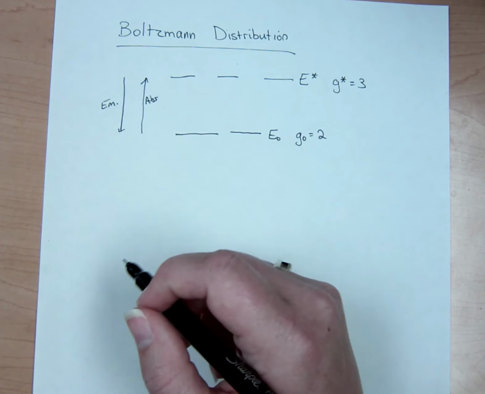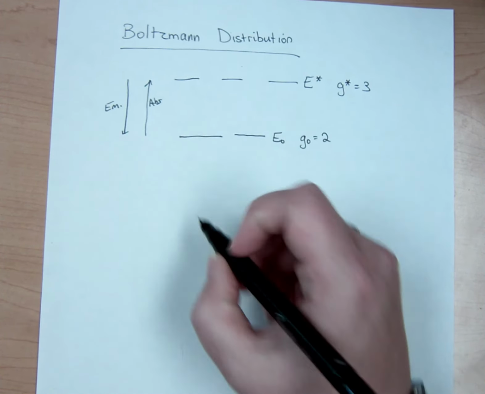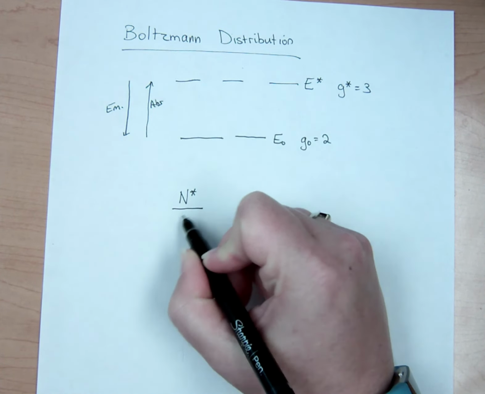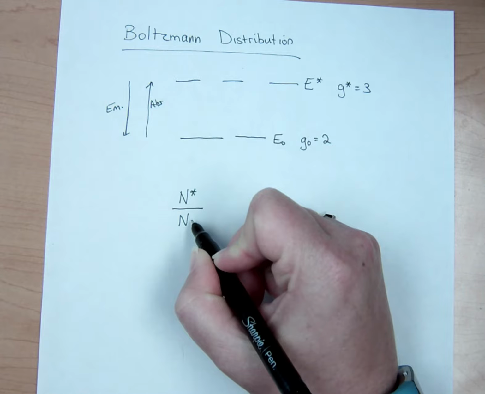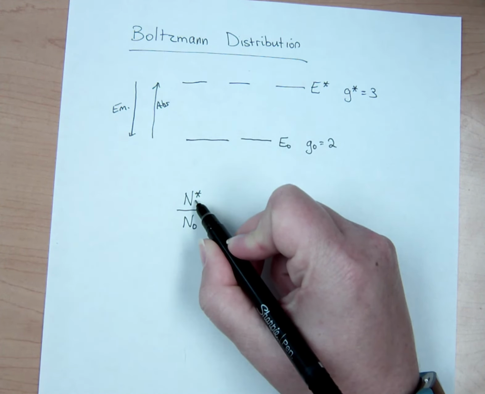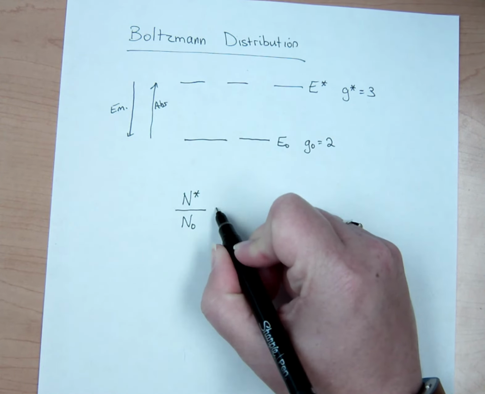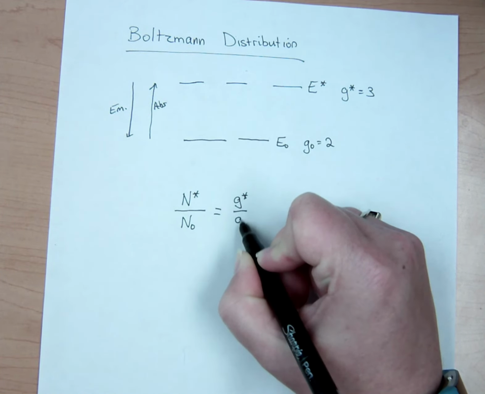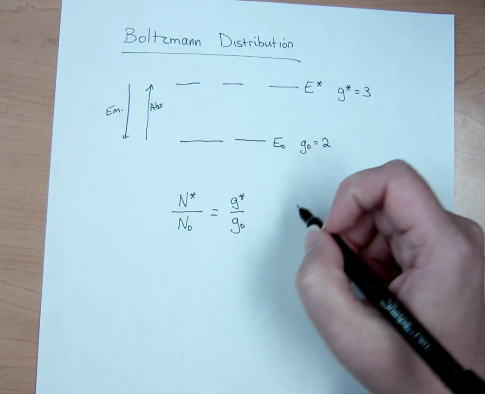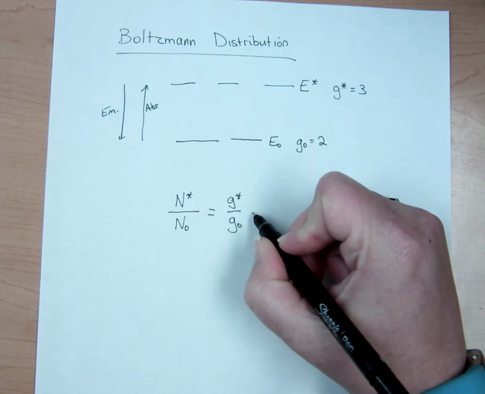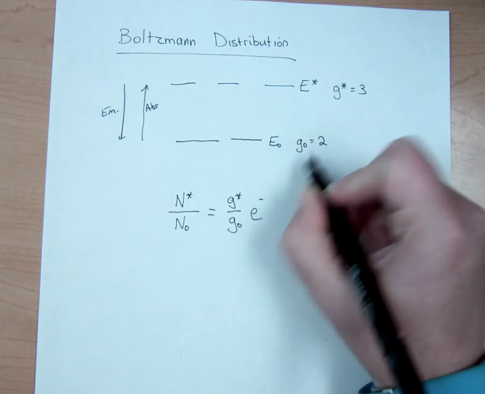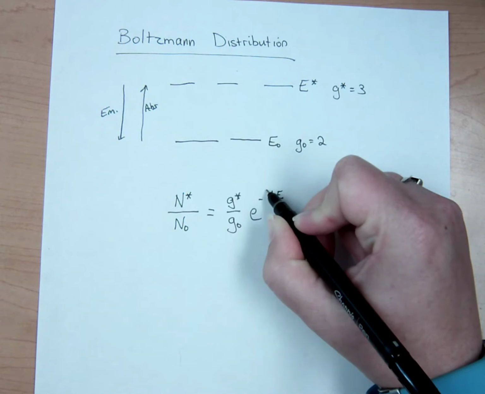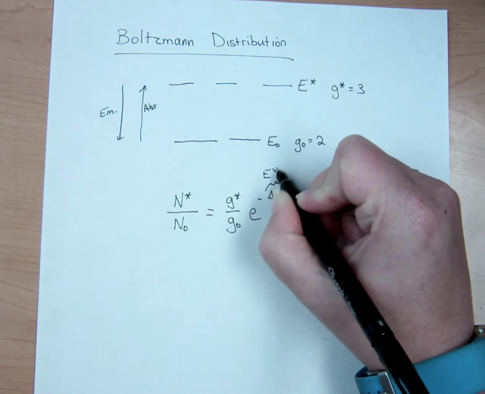So the equation for this says that the relative population, or the number of atoms in the excited state, indicated by the star, relative to the number in the ground state, so how many atoms are in the ground, how many atoms are in the excited state, that ratio is proportional to the ratio between the degenerate states, and then some value that's dependent on this difference in energy, so e to the negative delta E, where that delta E is your E star minus E0.